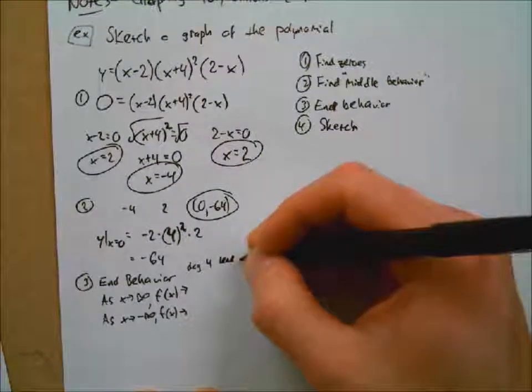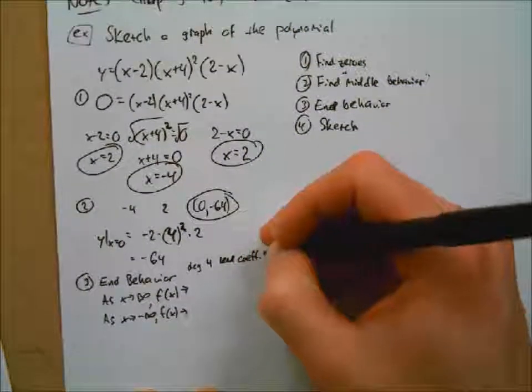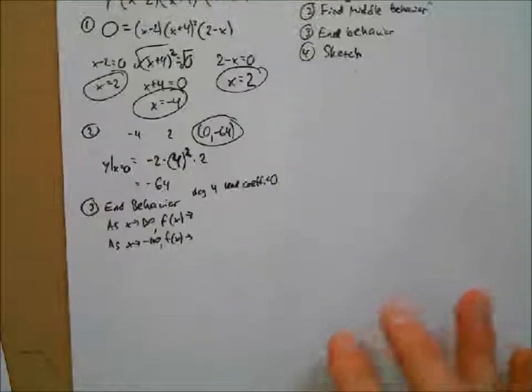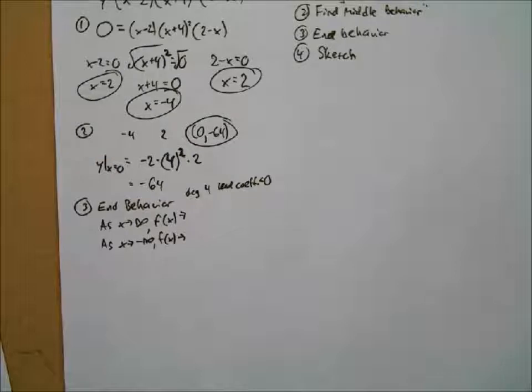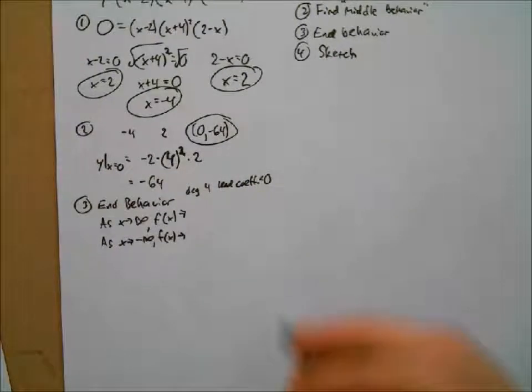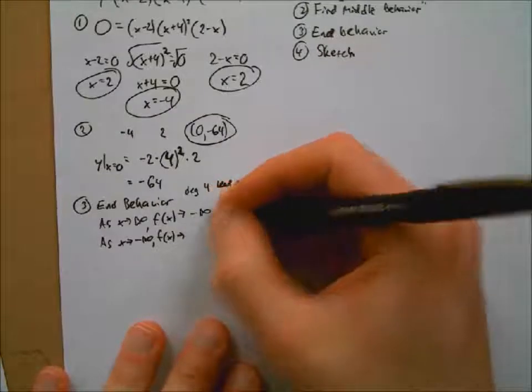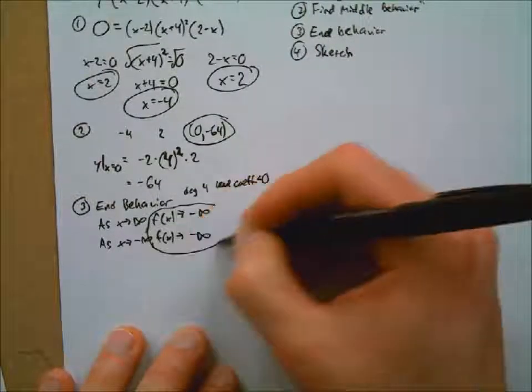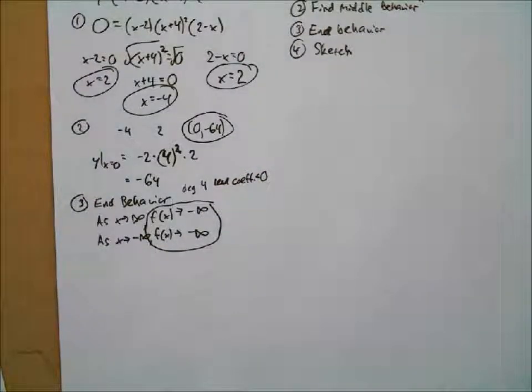So I'll say lead coefficient less than 0. Okay, so degree 4 means that the left and the right will both go to positive infinity or they'll both go to negative infinity. So that lead coefficient means they're both going to go to negative infinity there.